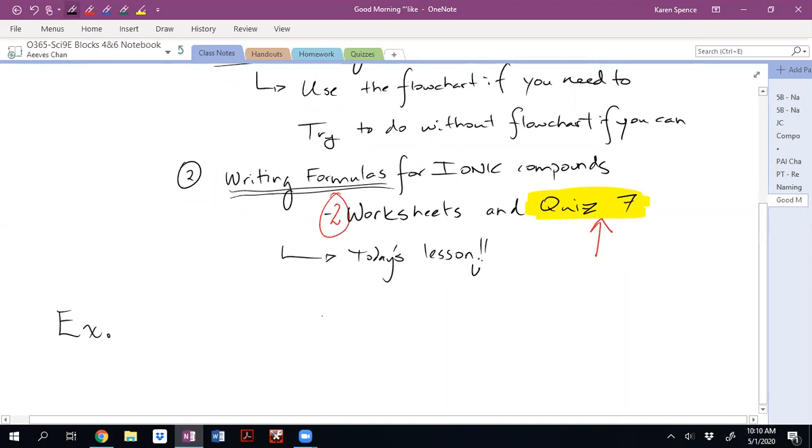Okay, let's do a different one. Lithium chloride. Okay, so step 1 is you write down the ions and their charges.